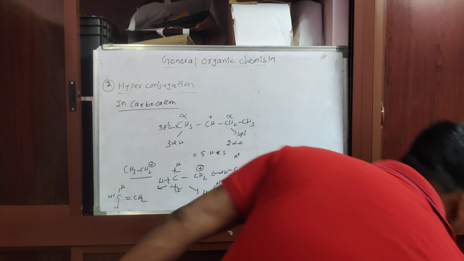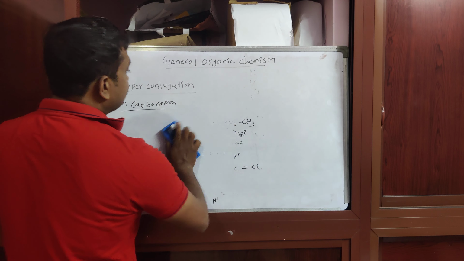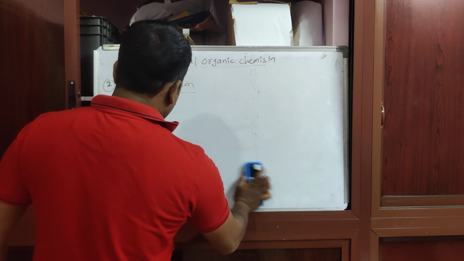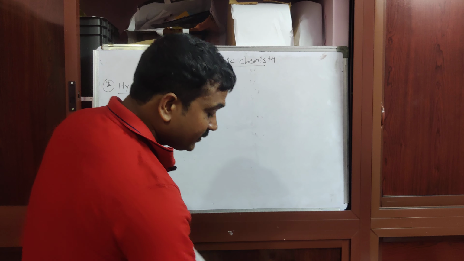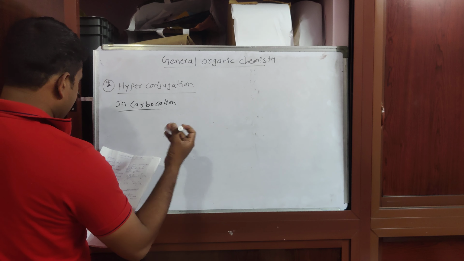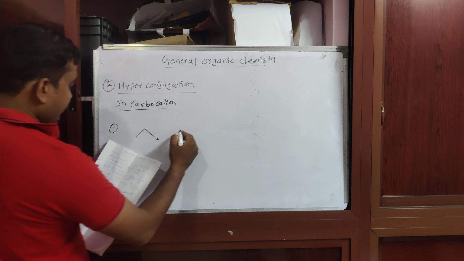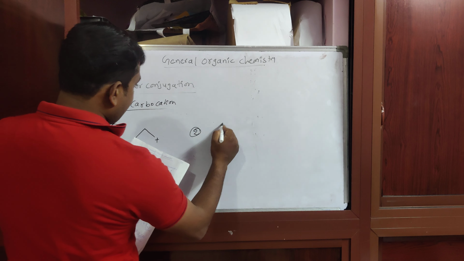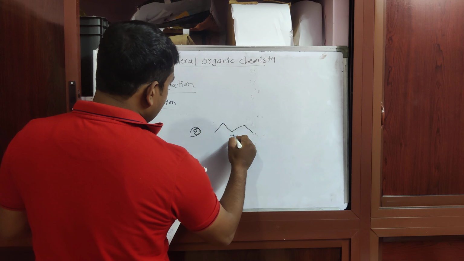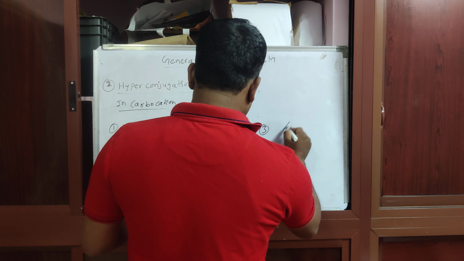Next, if you take any examples, how do you find the hyperconjugation structures? First take molecule 1. This is 1. Next the second one, this is the carbocation. Then take the third one.